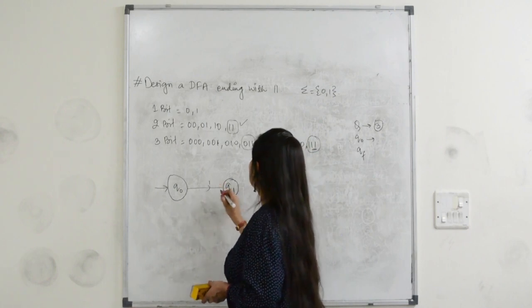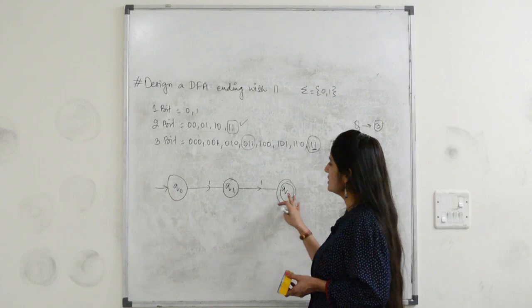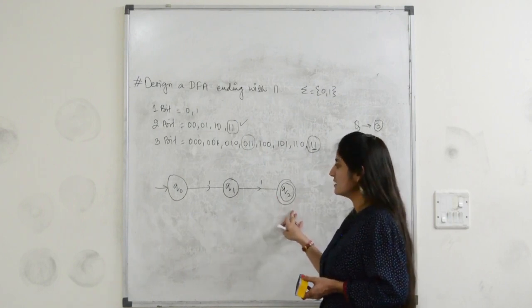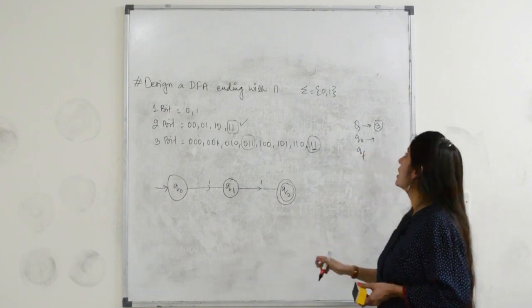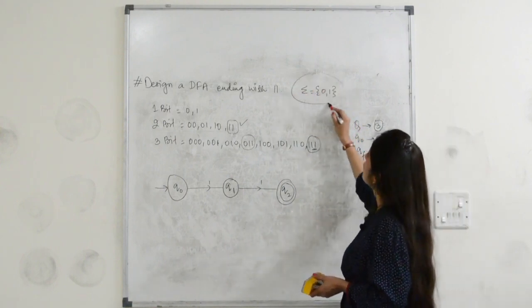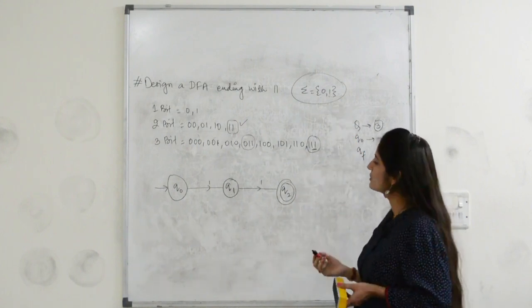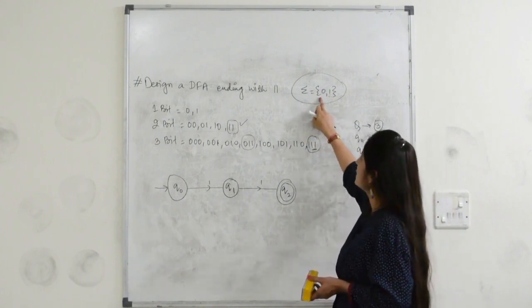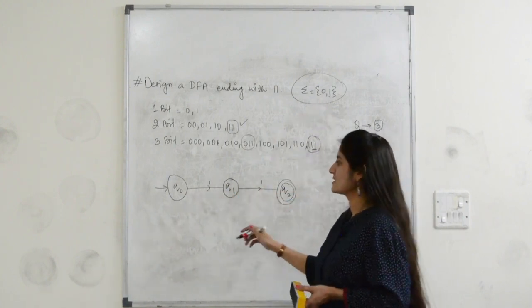So you input 1 and 1. We can clearly say that double one is accepted by this DFA because it starts from the initial state and reaches the final state. Now we know that the input alphabets are 0 and 1, and I have told you in my earlier videos that this set of input alphabets should have a transition for every state.